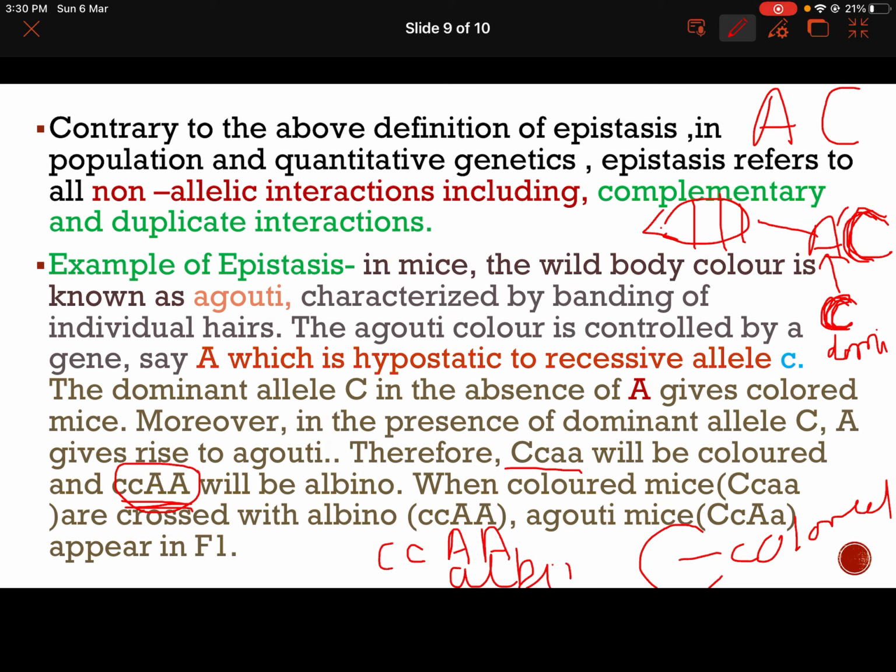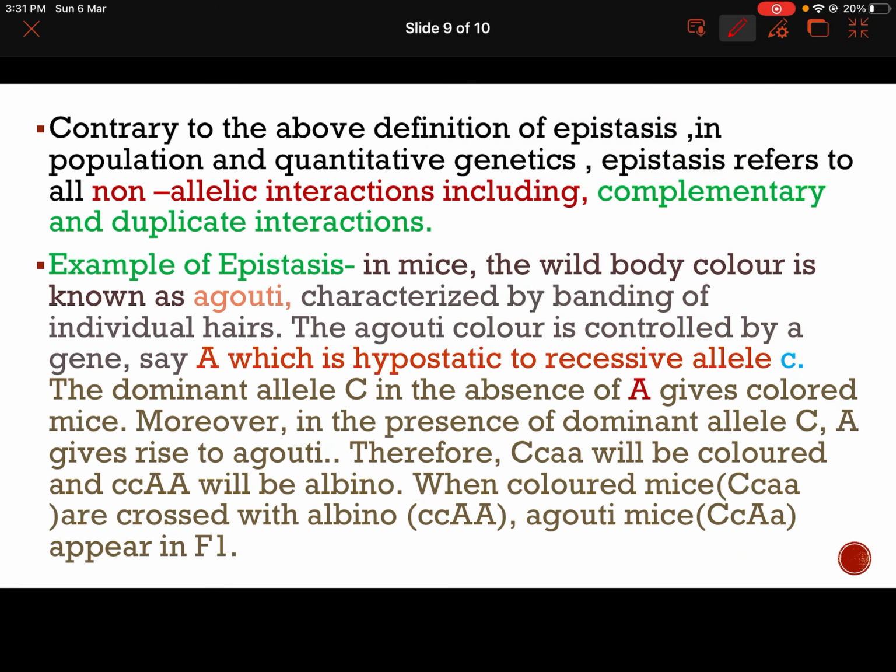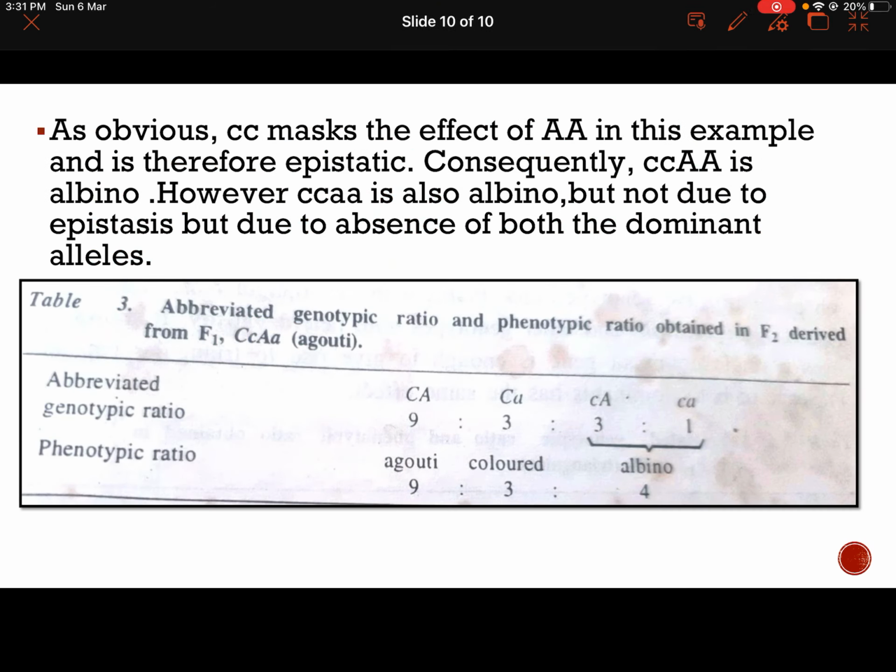Albino means no color. And why? Because this small c, the recessive c, is masking the effect of A. Let's see in the diagram.